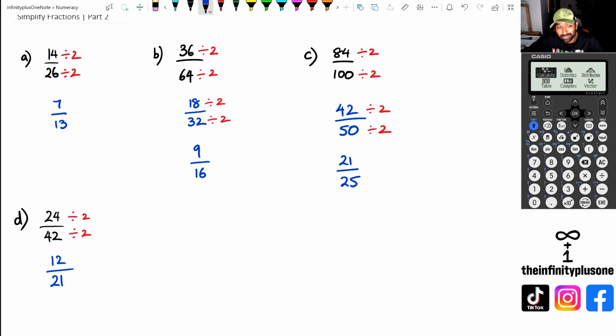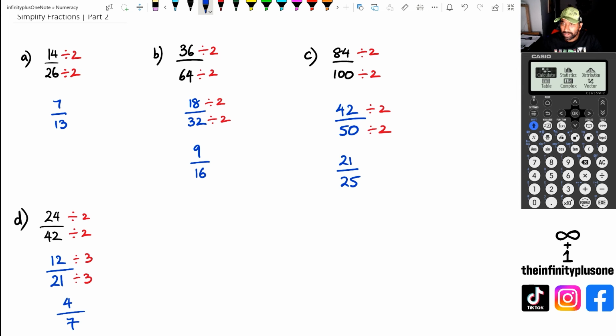And from here, I know that 12 and 21 both come in the 3 times table. So I'm going to divide by 3 on both of these, for the numerator and the denominator. So 12 divided by 3 is 4. 21 divided by 3 is 7. So really, it's about knowing your times tables and knowing some of your common factors that you can divide with.